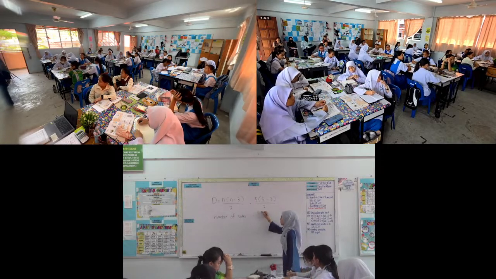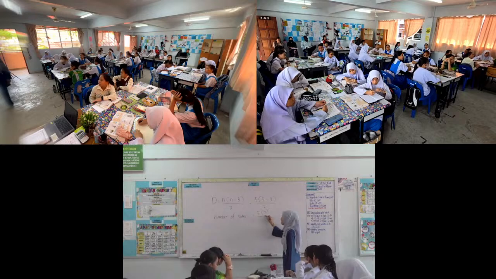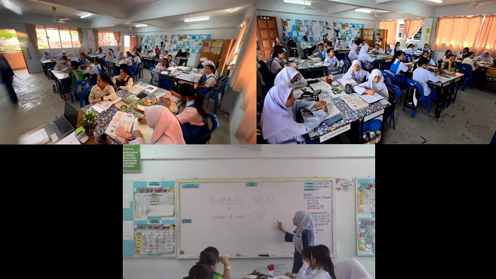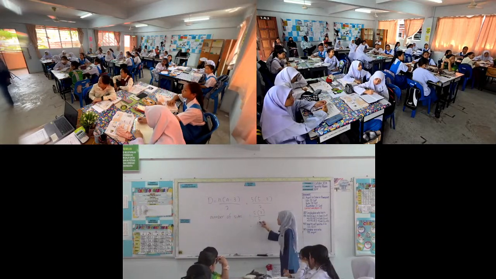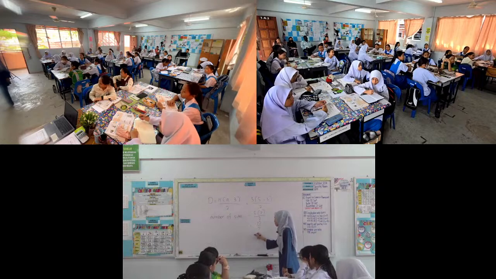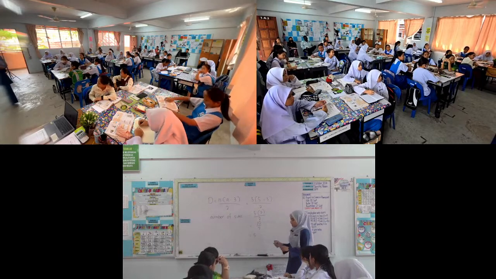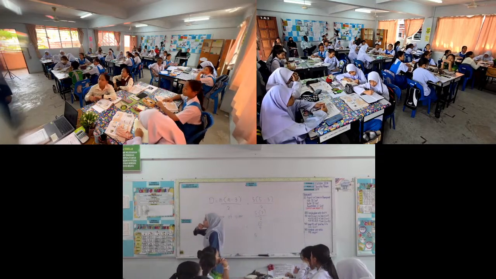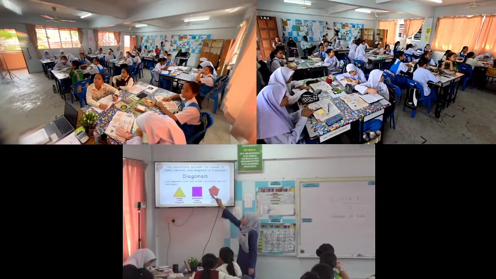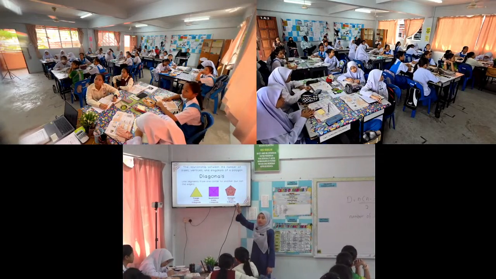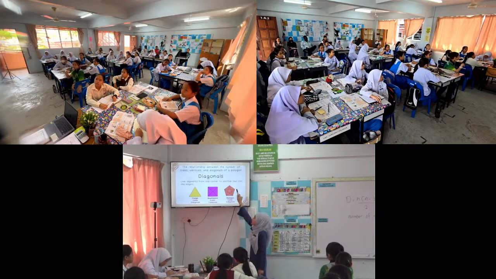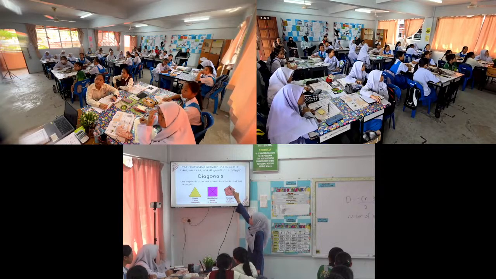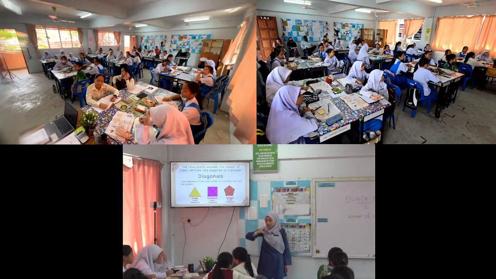Copy the 2. Over 2. 5 times 2 will be 10. 10 divided by 2 is 5. Now let me see whether it is true or not. The pentagon has 5 diagonals. Let me count together on the screen. 1 diagonal, 2, 3, 4, and one more here, right? 5 diagonals.